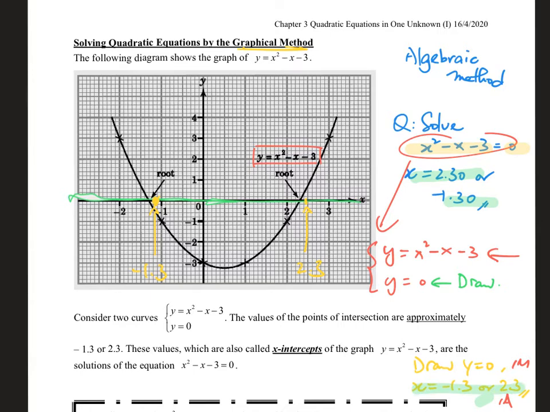For example, if each grid value is 0.1, the answer will be only up to 1 significant figure. But it doesn't matter. The main point is you draw a line, you read the answers 1, 2, and you obtain the result.